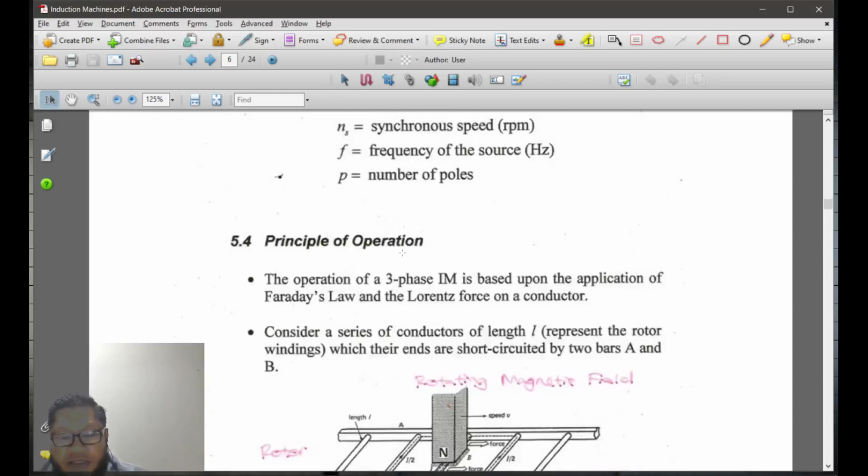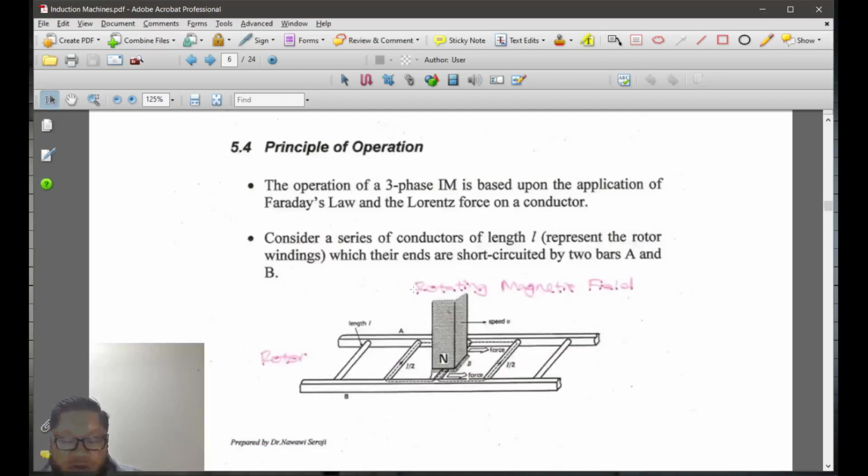Okay, right. Now we move into how the rotor rotates. To see how the rotor rotates, we look into the principle of operation.